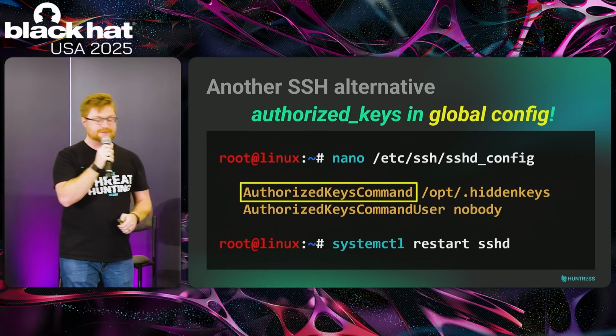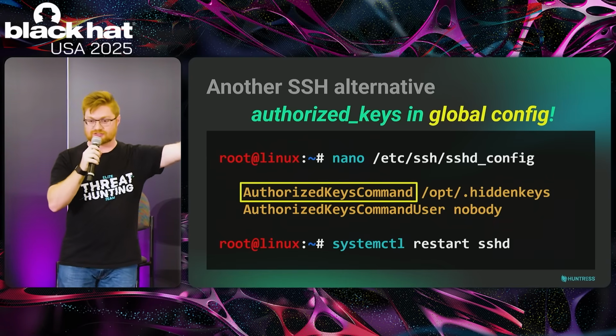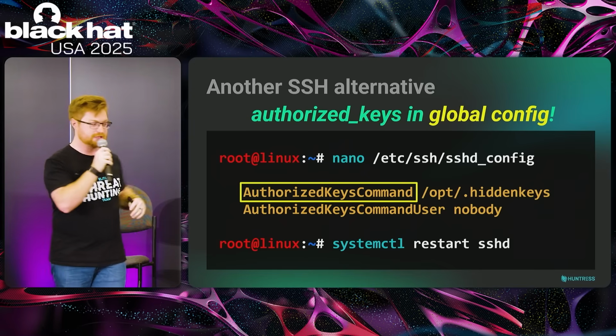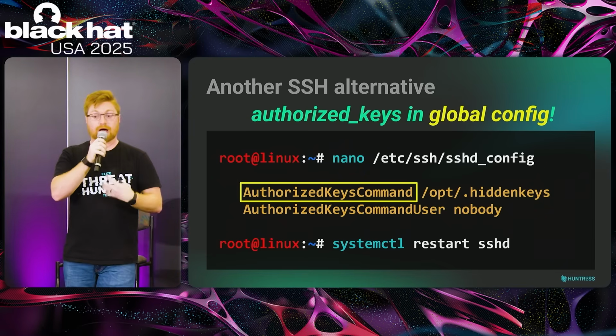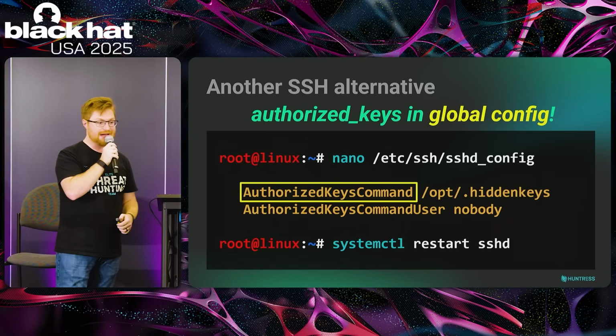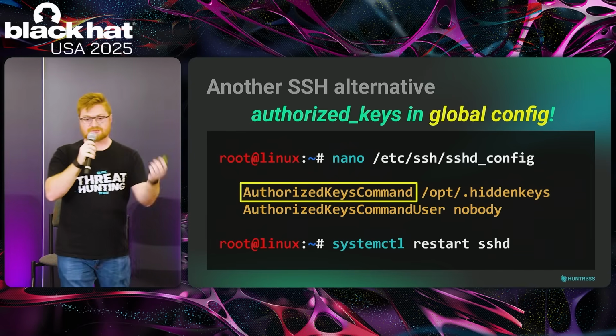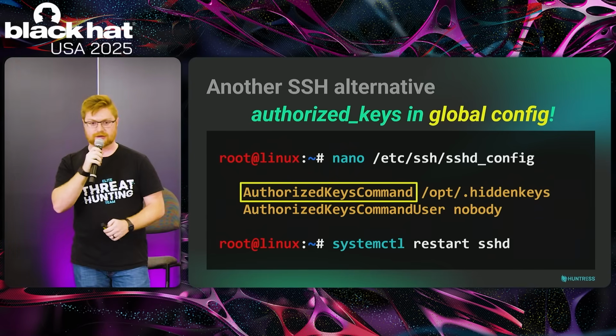Interesting thing, if you configure that in the SSHD server, not just the client, but the server configuration, that will actually allow you to specify a thing that runs every time someone would invoke an authorized key connection with that. So your /opt/hidden keys or any other folder or file you wanted to hide something in, smuggle a payload in or do some damage there.